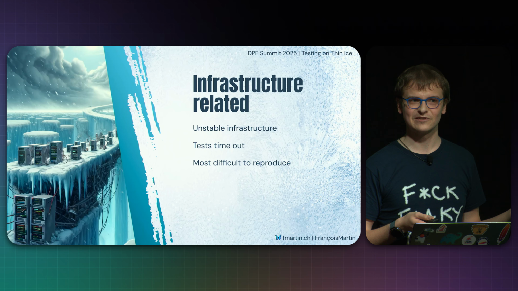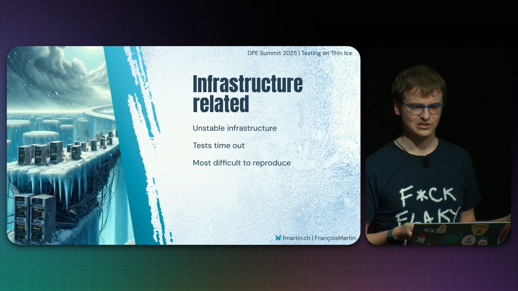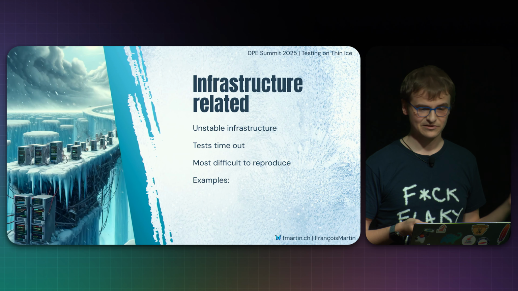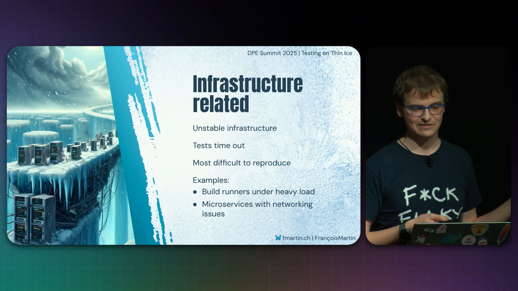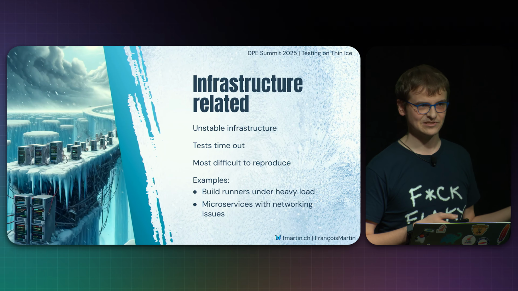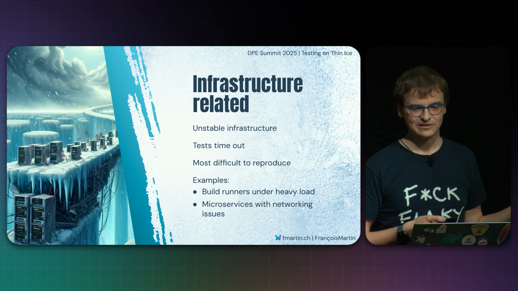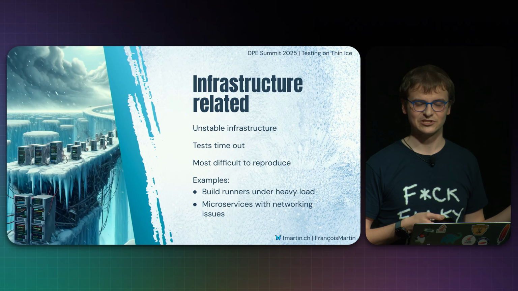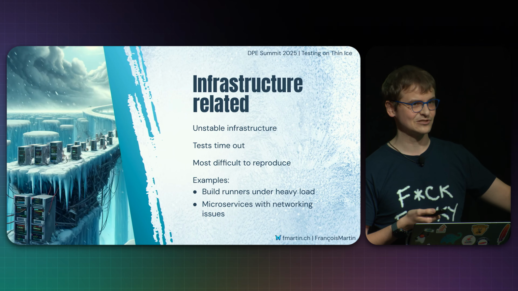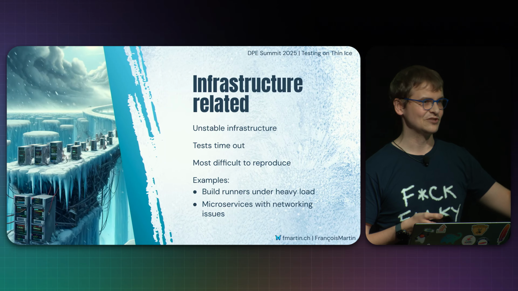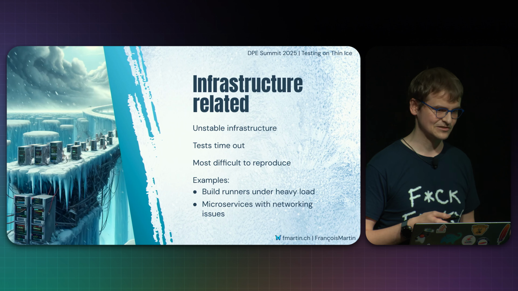And these are the ones that are usually the most difficult to reproduce. Here are some examples: you might have some build runners that are under heavy load, as I mentioned, or maybe some microservices with networking issues. For example, if you have a microservice which depends on another, and then you have heavy load, and the other microservice doesn't respond as quickly, then you might have a timeout which causes the test to fail.